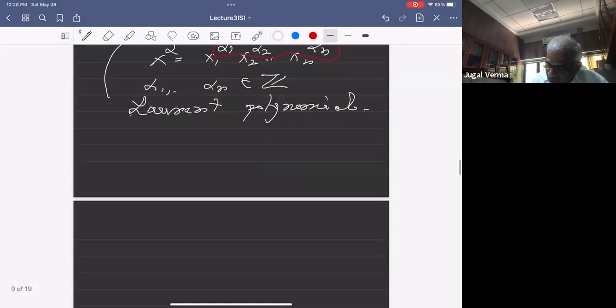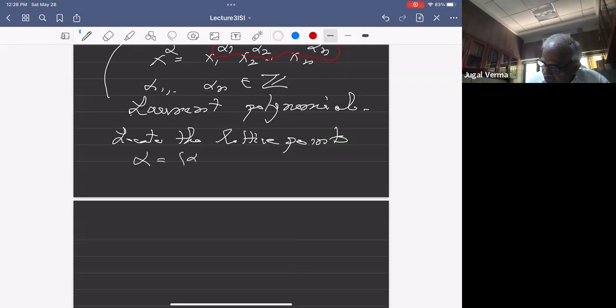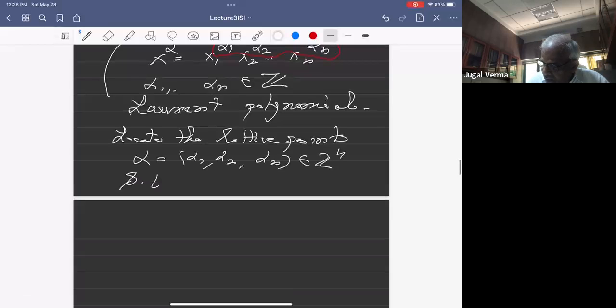So locate the lattice points alpha equal to (alpha1, ..., alpha n) in Z^n such that a_alpha is not equal to 0 in my Laurent polynomial.